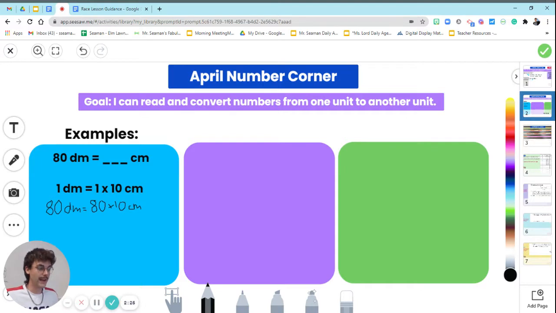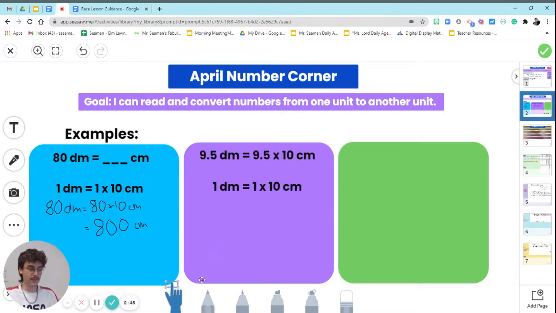When I multiply 80 by 10, I get 800. So that will be 800 centimeters because we just converted it from decimeters.